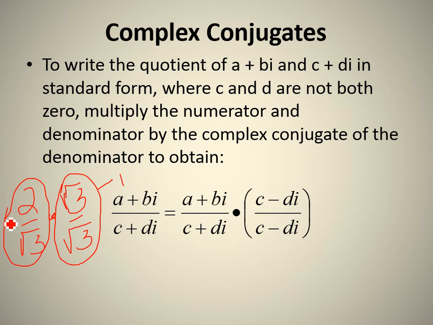So I'm going to do the same thing here with a complex conjugate. So if you ever have an imaginary unit in the denominator of a fraction, to remove that imaginary unit I want to multiply the fraction by the conjugate of the denominator over the conjugate of the denominator. So just remember, these have to be the same, because when you divide that out, that equals 1, and multiplying something by 1 doesn't change its value.